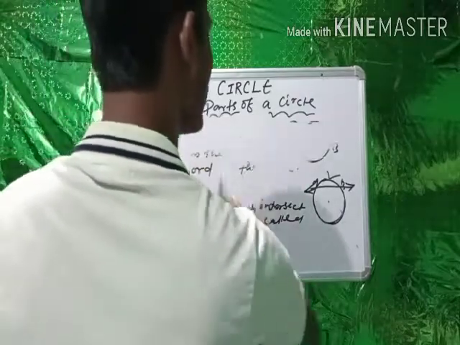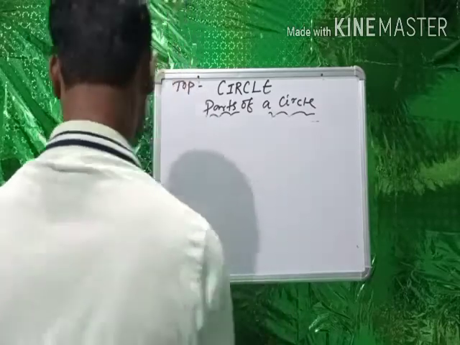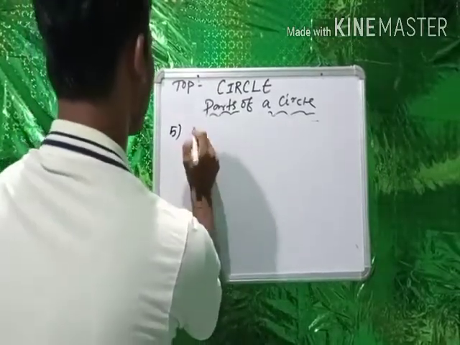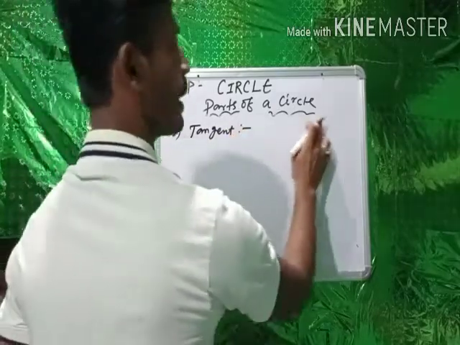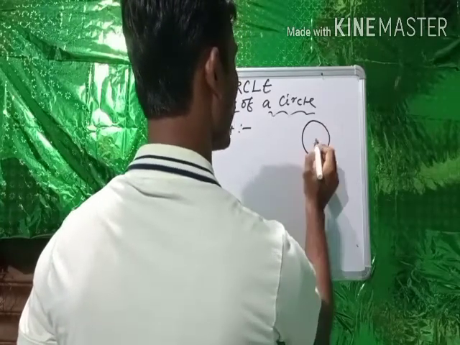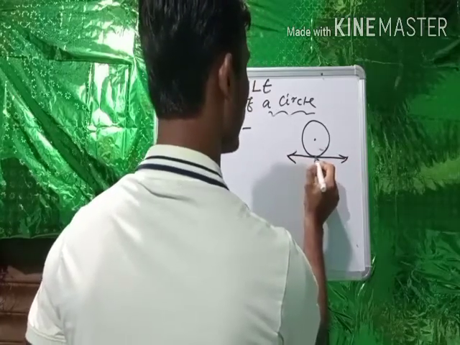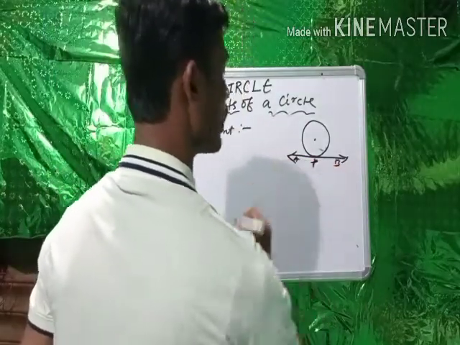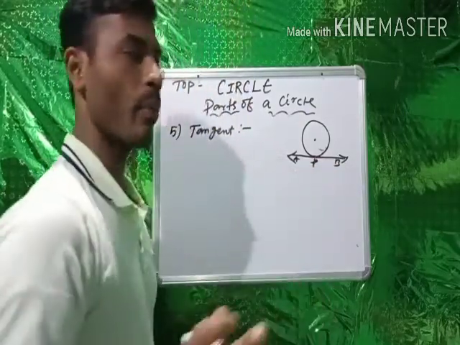Now the fifth point is the tangent. What is a tangent? Just see the diagram and you can understand better. Look at the line that passes through the circle at a single point.